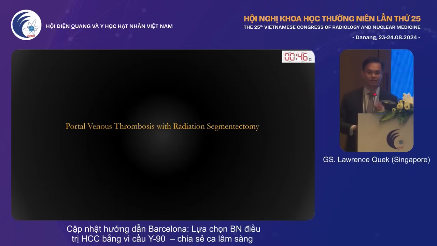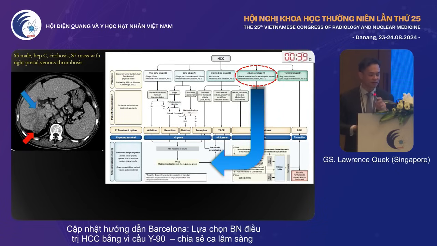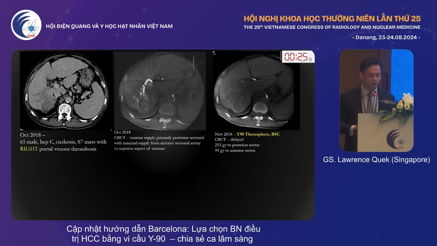Portal venous thrombosis. Under the guidelines, it is very clear: systemic treatment. Here is a patient that we had, 65-year-old male, Hep C cirrhosis, segment 7 mass with right portal venous thrombosis. As you can see, the tumor is in the red arrow, and the blue arrow shows the portal venous thrombosis. It's likely that there's tumoral involvement given the plump-looking appearance.